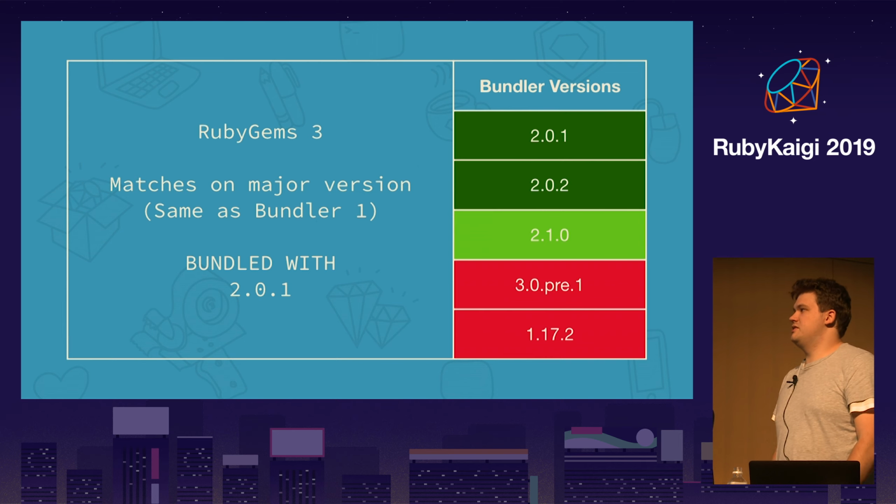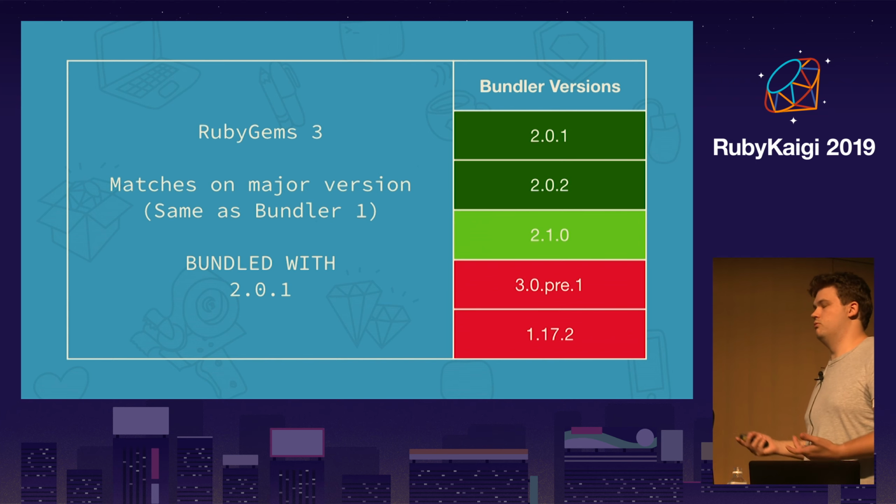And the way it works is that it looks at your gemfile.lock, pulls out that bundled with version, and it will filter the list of possible versions that can be activated by RubyGems. So in RubyGems 3, it matches on the major version, same behavior as Bundler 1. So Bundler 2.0.1, 2.0.2, 2.1.0 are all compatible. And then RubyGems will just activate whatever the latest version of that is. So in this case, it's 2.1.0.